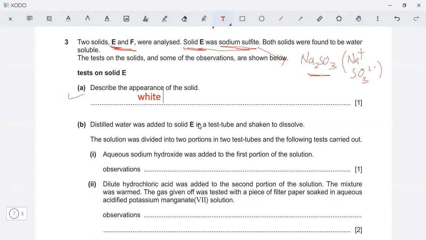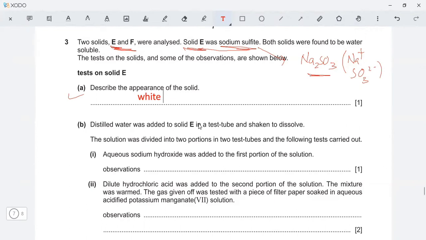Elements like sodium and lithium in the first group, magnesium in the second group, and third group elements, if they are in a compound, are always white in the solid state. If they are in aqueous solution, then the compound is colorless.